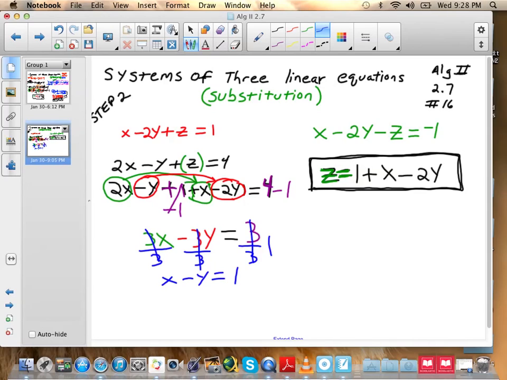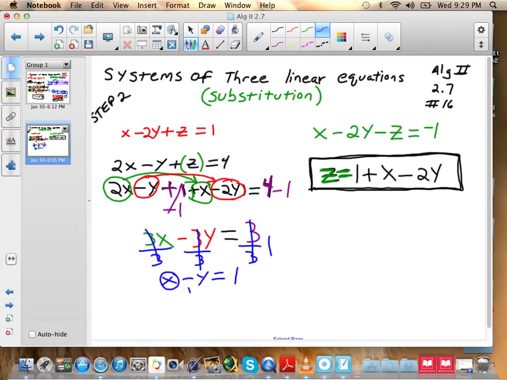What I'm trying to do is eventually get x equals something, y equals something, and z equals something. Well, I've already determined in the very first step in the last video that z was equal to something. So I've got z, and I'm left with x and y. Now I want to get x equal to something, so I need to get rid of my y.